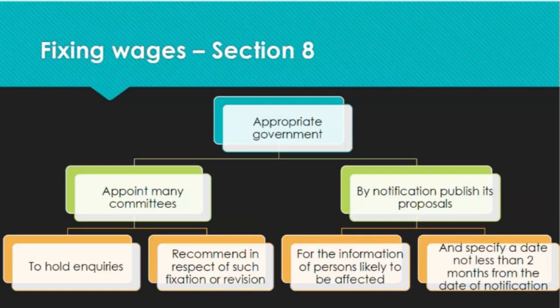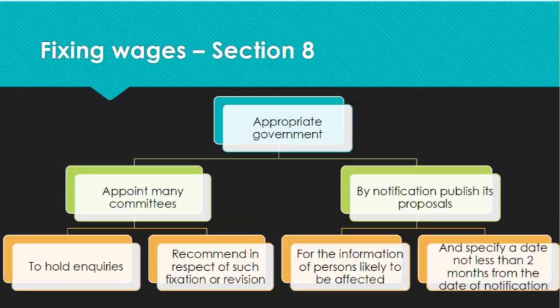And 3 months from the date of this notification, the wages that have been proposed will become effective. So after taking any suggestions, if they feel that there should be any particular change, they will make those changes and notify it within 1 month time. So 3 months from the date of issue of the notification, the minimum wages that has been proposed will become effective.